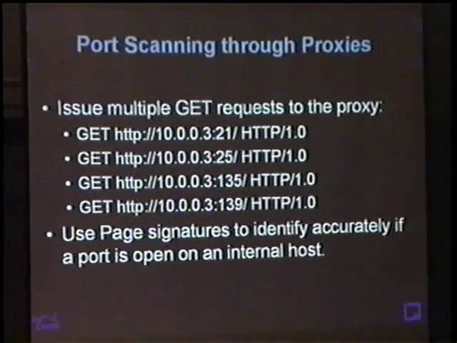And how do we figure out what response is valid? We just learned page signatures 15 minutes ago. So you send a request to port 0, you get no way to connect, take the page signature, and start sending these requests, port 21, port 25, and if the signature is different, then those ports are open. So here is how you can take one simple concept and extend theories far and wide.